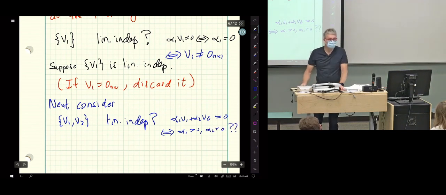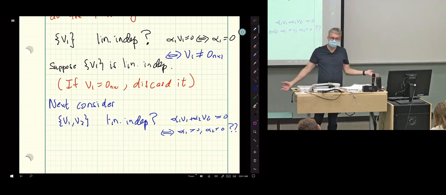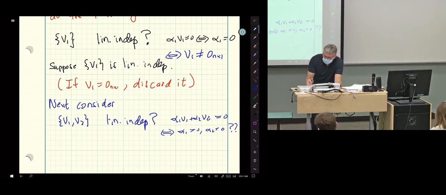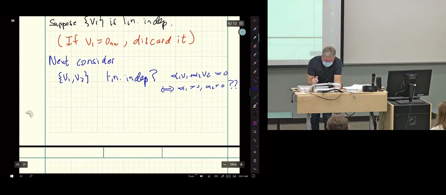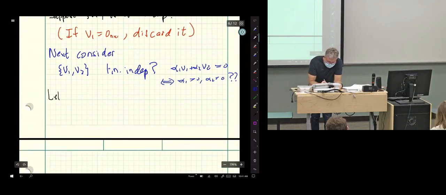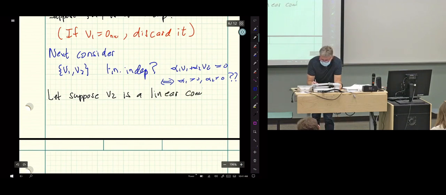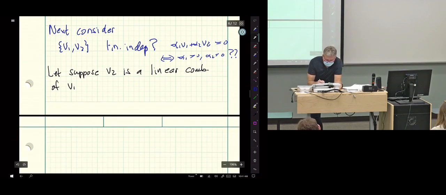Is that true? So we do the arithmetic. Let's suppose this time V2 is a linear combination of V1. So if I could write V2 as some constant times V1, I would not keep it. So we discard V2.